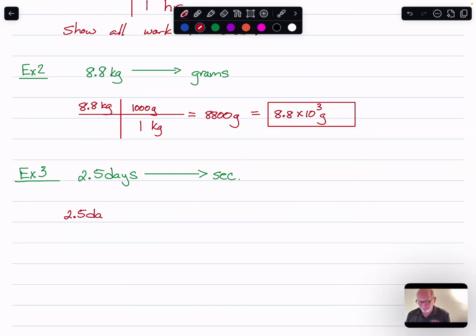2.5 days. Each day, we're going to do the same thing. We have a multi-step problem. Let's go from days to hours. Let's go from hours to minutes.